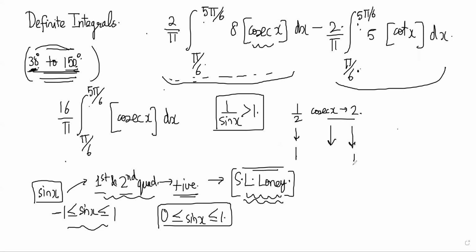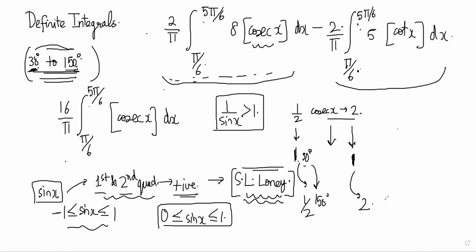Then beyond 90 degrees, till 150 degrees, sin x decreases from 1 to half, so cosec x will increase again from 1 to 2, right?